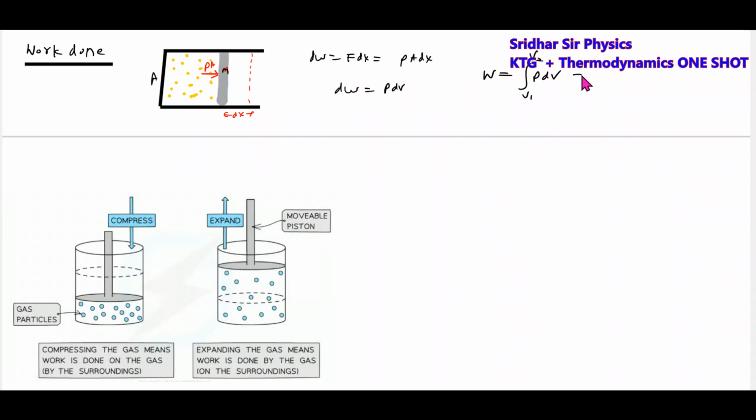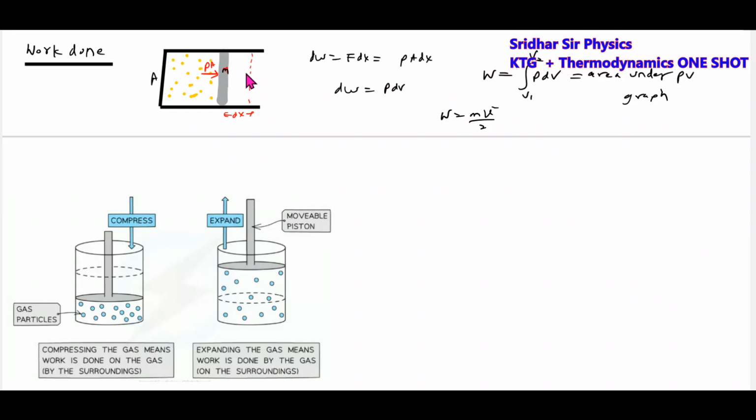So this will be the area under the PV graph. In any process, work done by gas is the integral of P dV. The gas has the ability to do work. So this work done by gas, what will happen to it? It will be converted into increase in kinetic energy. The piston will start moving up because when force acts, the body will accelerate.